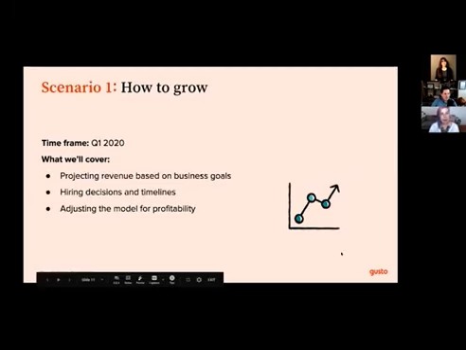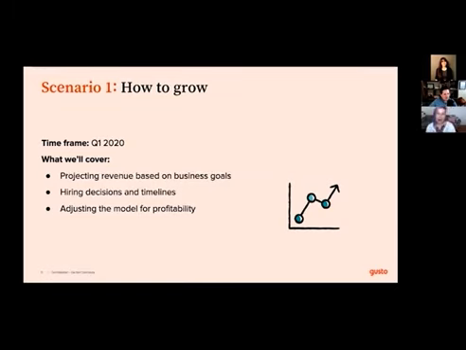Okay, so let's talk about the time frame. We are actually going to pretend we are in the fall of last year. So we're pretending we're Marketing is Fun and we really want to project out our income for 2020, right? We're not here right now, we're almost a year ago, and we're working on our financial model.